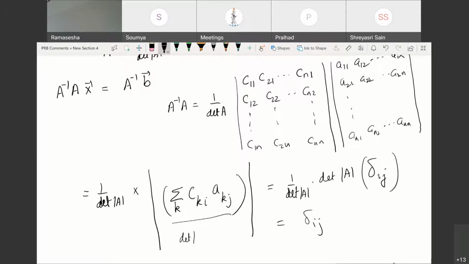I have already shown this. Okay, so determinant A, and so I have delta ij. Delta ij is a matrix, where i goes from 1 to n, and j goes from 1 to n.